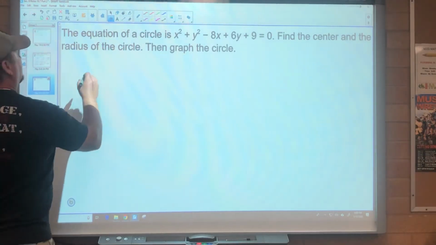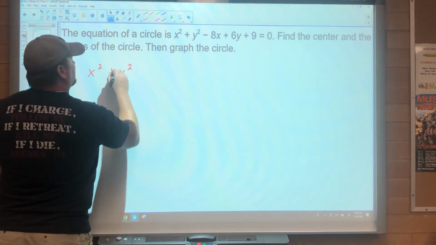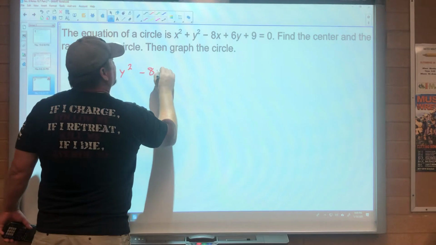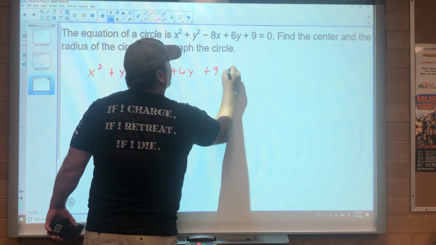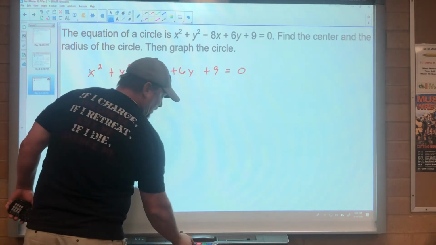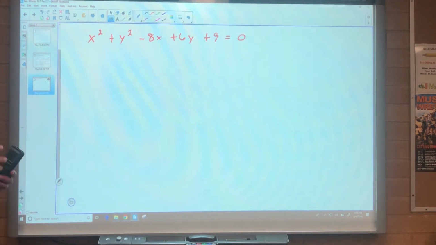So here's what our problem looks like. Okay, and we get x squared plus y squared minus 8x plus 6y plus 9 equals 0. So that's the way the problem looks right now. We're going to manipulate it to get it to look the way I showed you the first. So my very first step is I set up the x's, I set up the y's, I move the number to the other side.